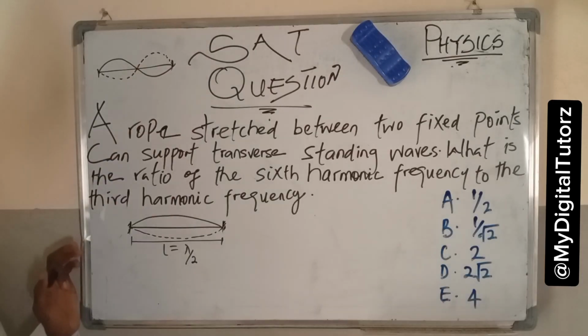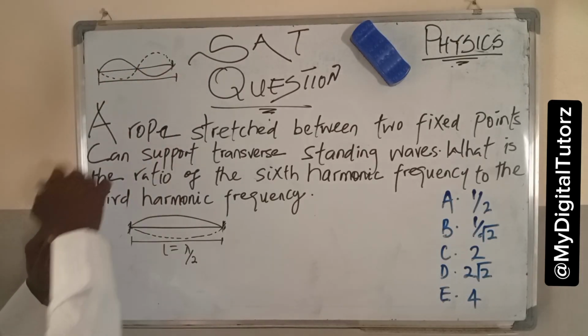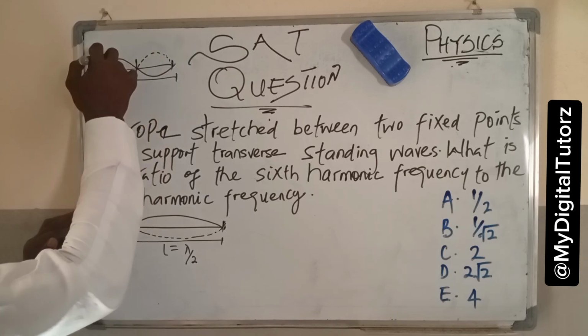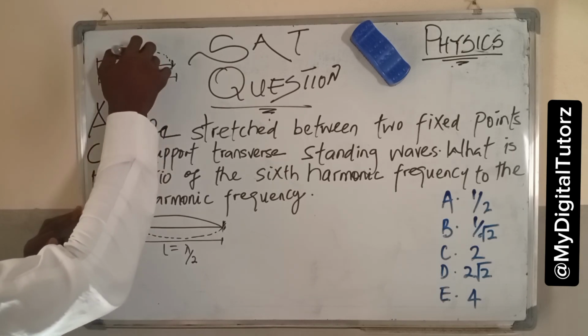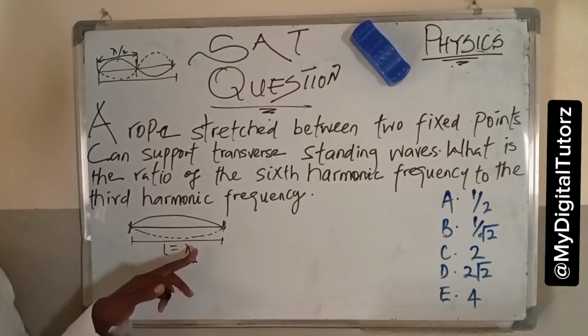So from here to this point is a full wavelength, and from this point to this point is half a wavelength.